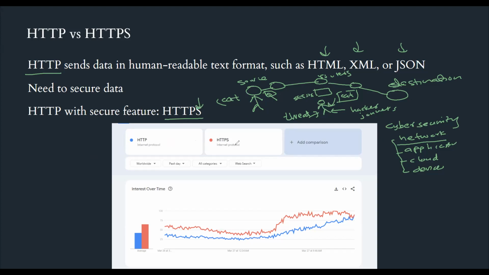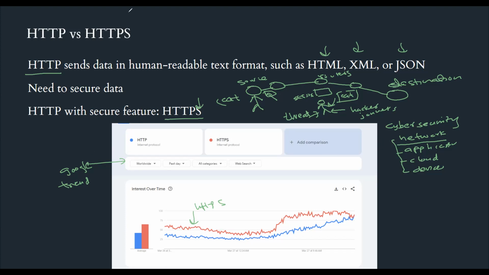If we check the popularity of HTTP and HTTPS protocols in Google Trends, we can see HTTPS has more popularity than normal HTTP. It is also said that Google mostly uses HTTPS-based web services and is not allowing HTTP-only communications.